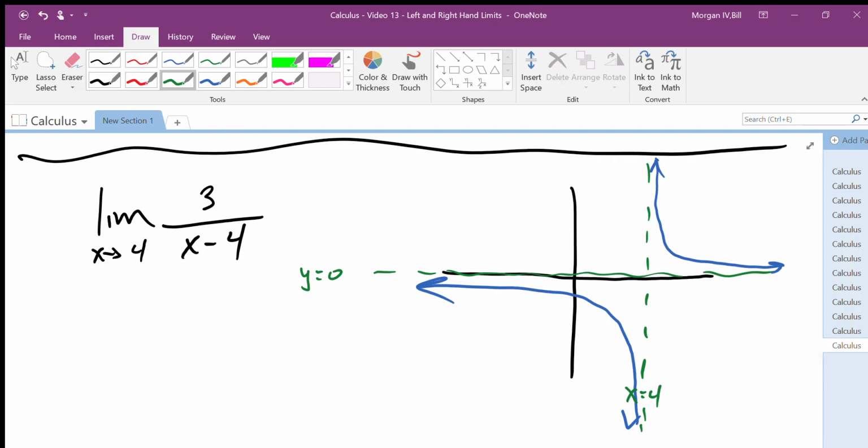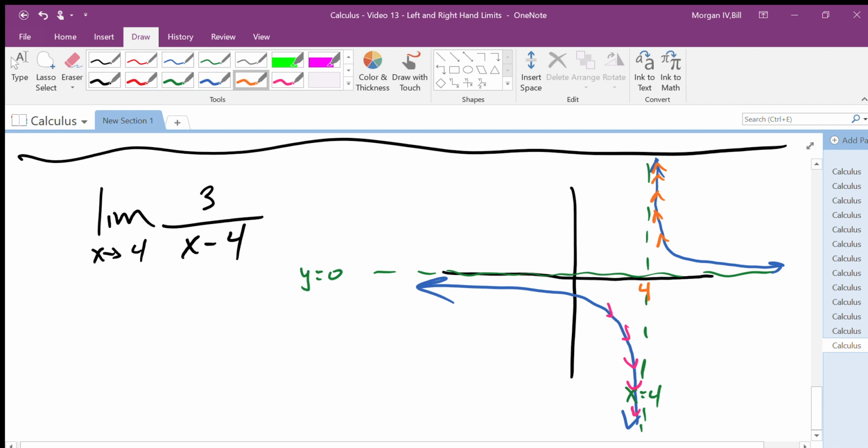And what you should be thinking, because it's an overall limit, is, well, what happens on the left-hand side? That looks like it's going down to negative infinity. What happens on the right-hand side as we get close to an x value of 4? The y values go up to positive infinity.